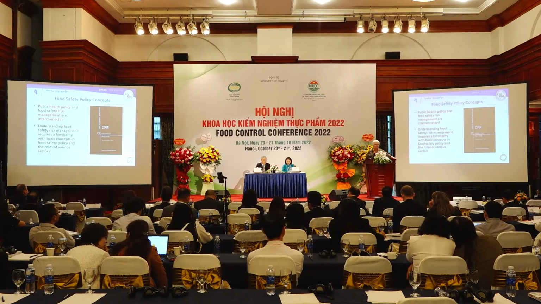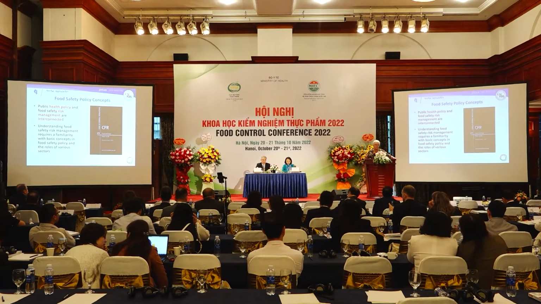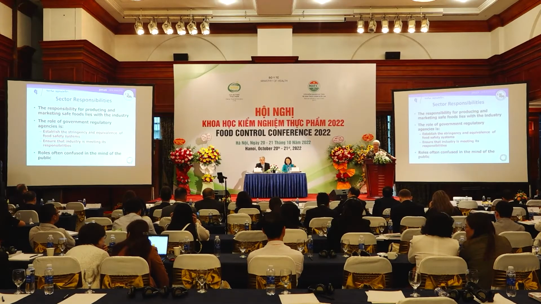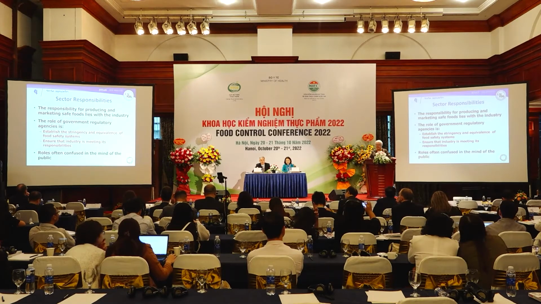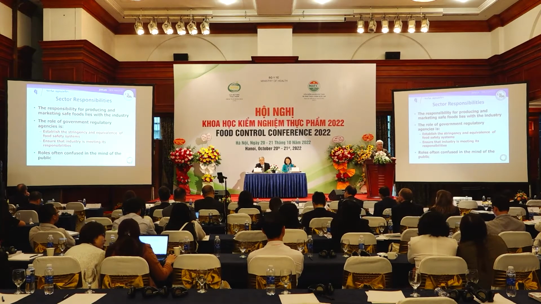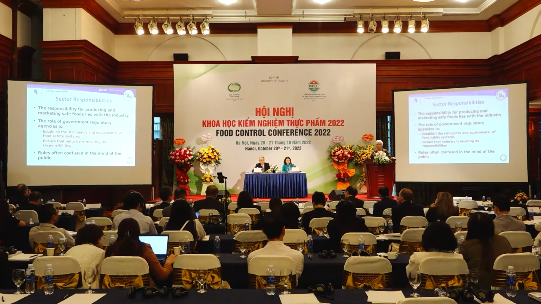And we have different sectors involved, and that's really important too, because you can't do it solely by involving the public sector; you need the private sector involvement. The responsibility for producing and marketing safe food really lies with the industry, but the role of the government is to establish the stringency and equivalence of food safety systems and to ensure that the industry is meeting its responsibilities.